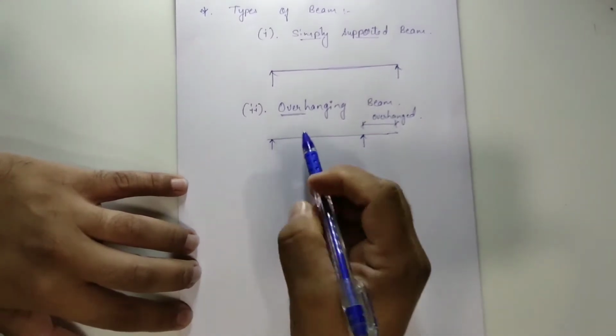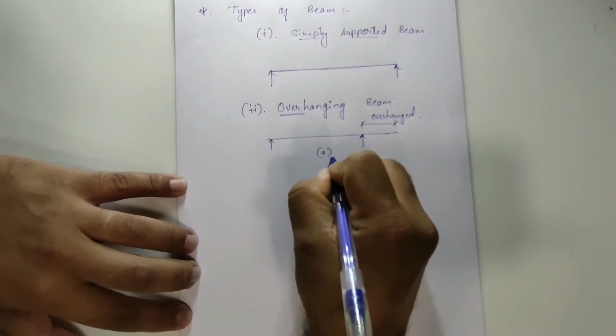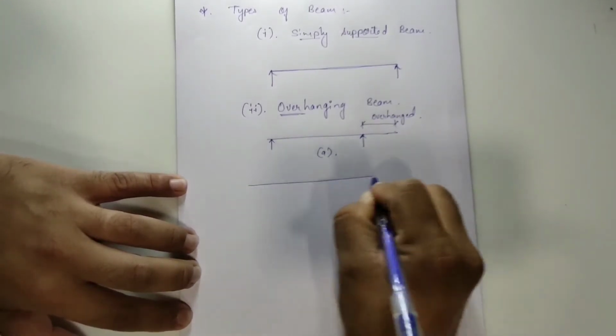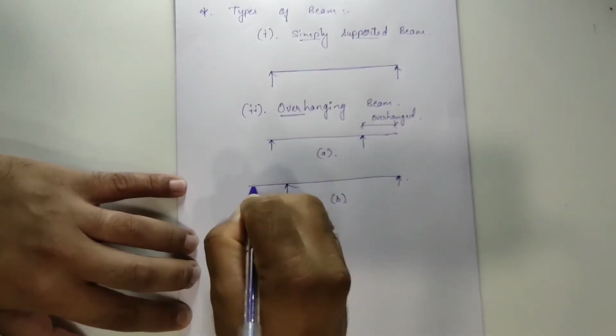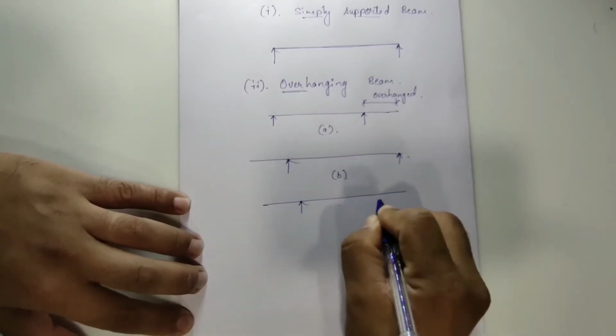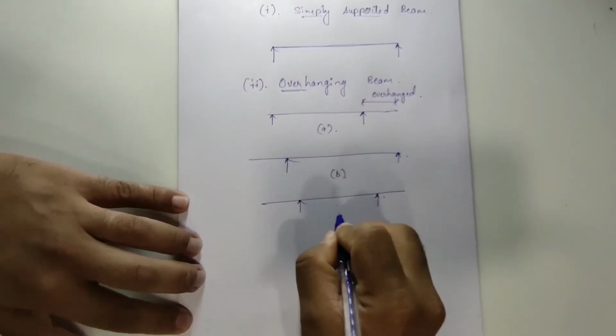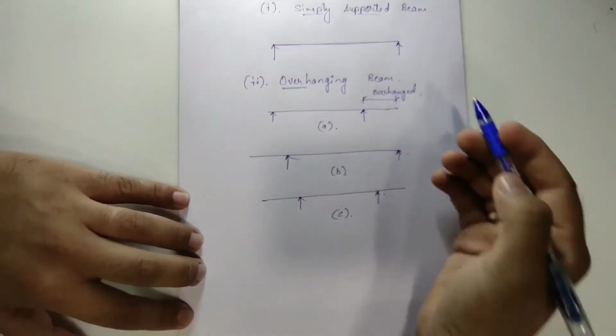So this beam will be known as overhanging at the right hand side. Then the next one, overhang beam from the left hand side, and the last possibility is the beam can overhang from both sides. So these are the three possibilities in overhanging beams.